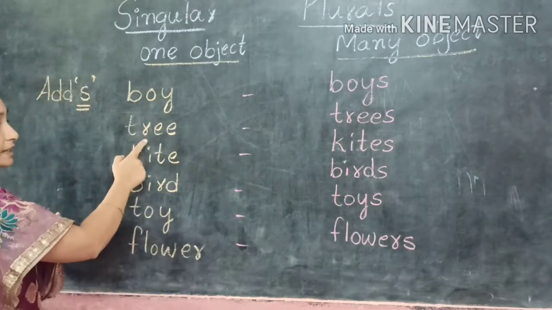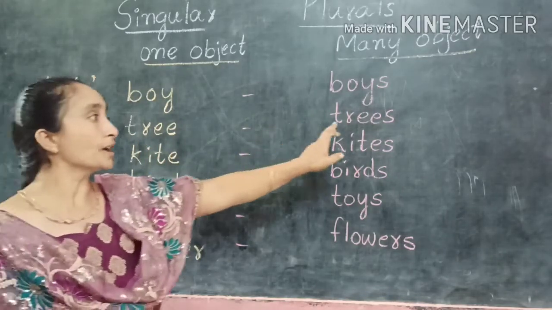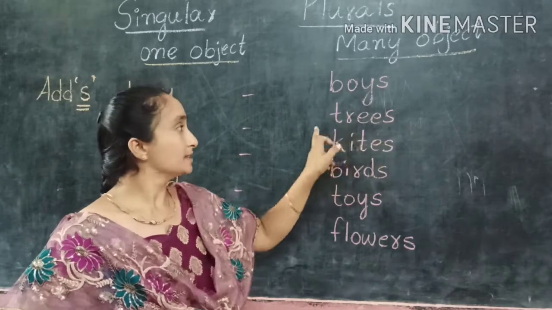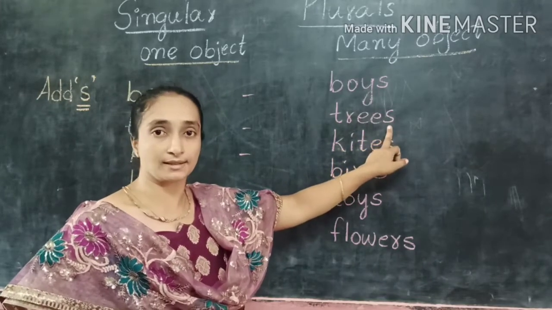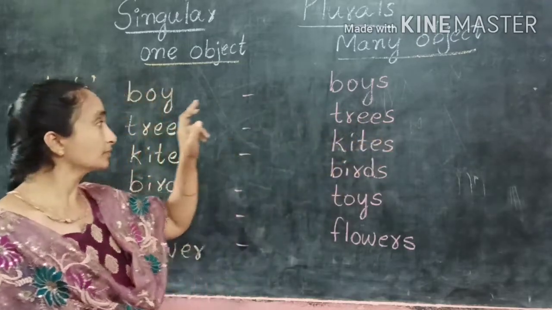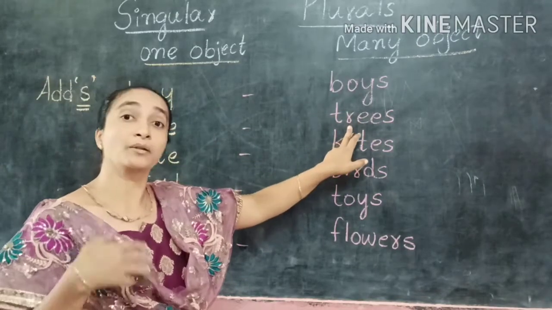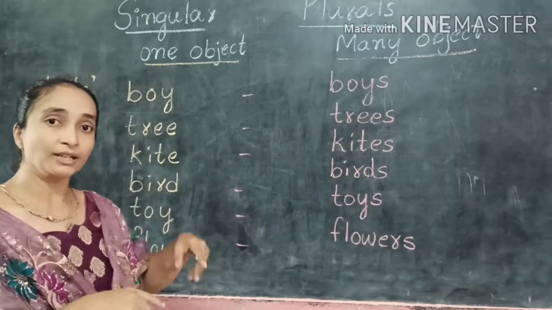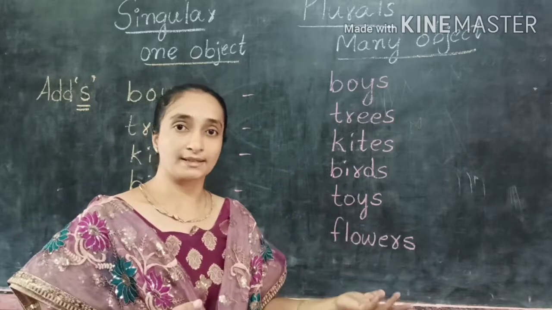The second word is tree, T-R-E-E, tree. We are adding S to this, same word, it will become trees. This is plural form. This is a single tree, only one. Here trees, there are many trees. One tree, many trees. One boy, more than one, boys.